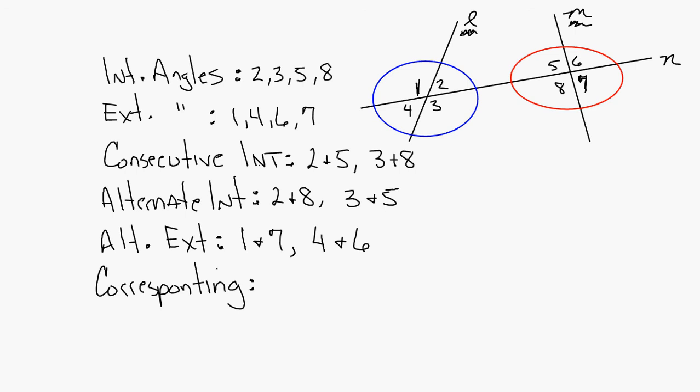What holds the same position as 1? 5. Excellent. 1 and 5. What holds the same position as 4? 8. Good. What holds the same position as 2? 6. Good. And what holds the same position as 3? 7. Excellent.